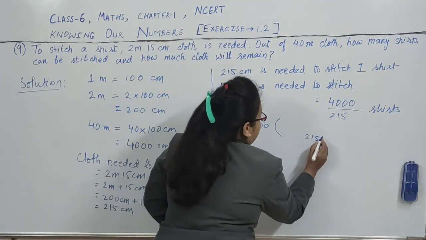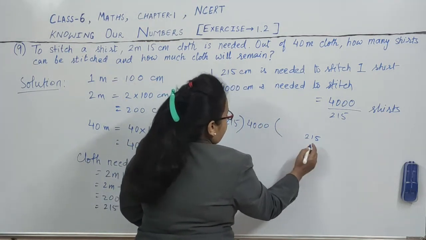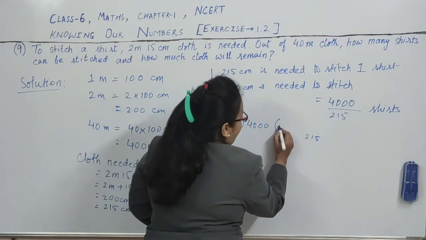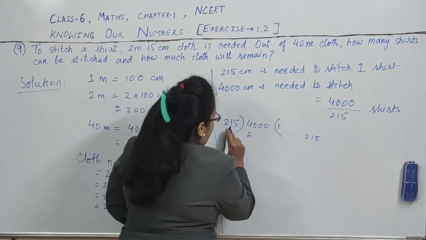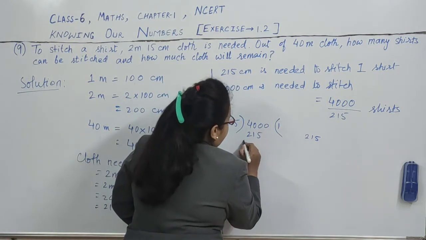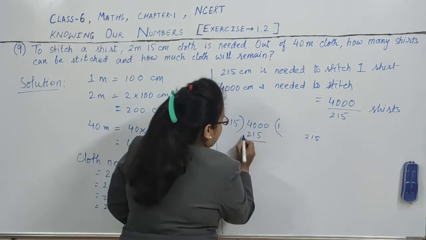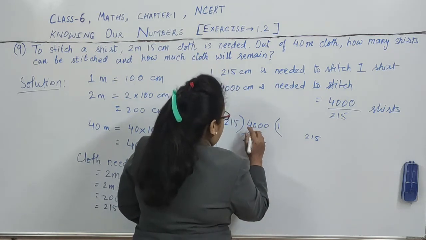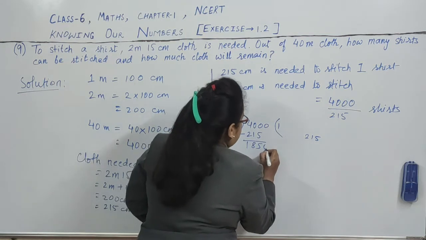See, 215 twos: 2 times it will not go because 2 times it will be more than 400. So we will take 1 time. 215 ones are 215. Now we will do subtraction, right? 5 minus 1 is 8, and this is 3 minus 1 is 1. This is 0.